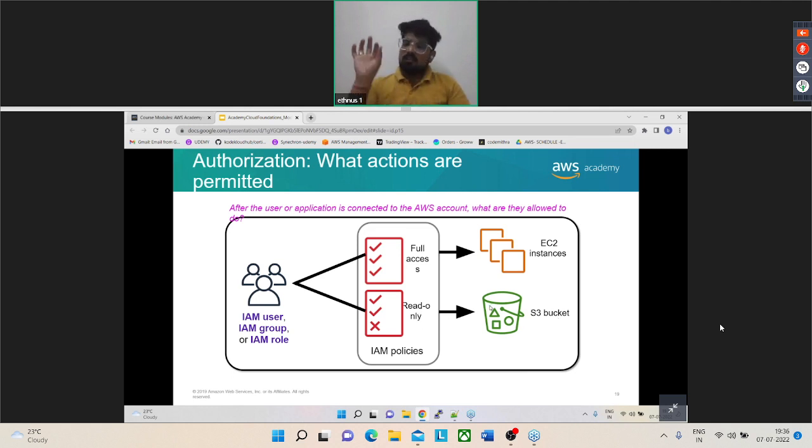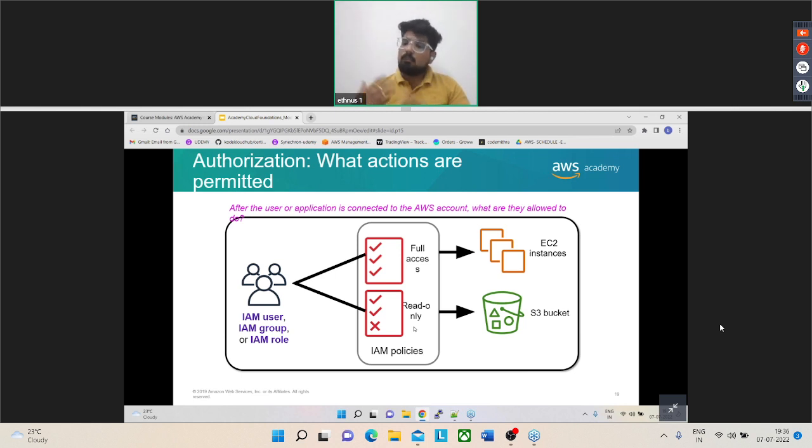Once they access the S3 service, they can see the different S3 buckets available on the S3 console. They can also check the different files or objects inside an S3 bucket, but they won't be able to create any new S3 bucket because this is a read-only policy.